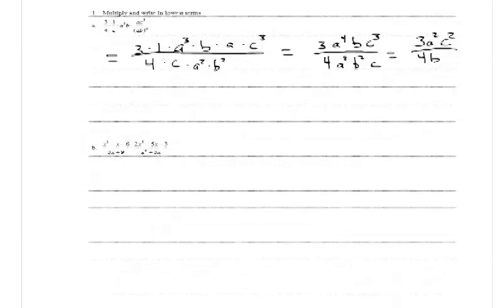In b, we have x squared minus x minus 6 divided by 3x minus 9 times 2x squared minus 5x minus 3 divided by x cubed divided by x squared minus 3x.